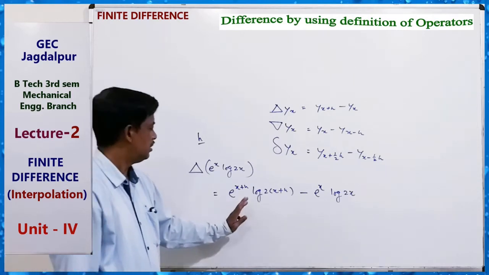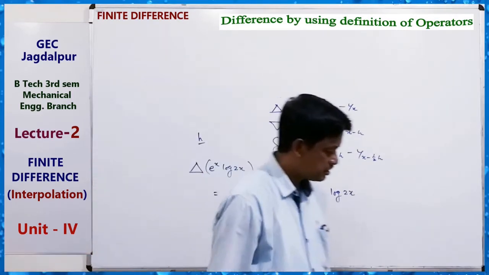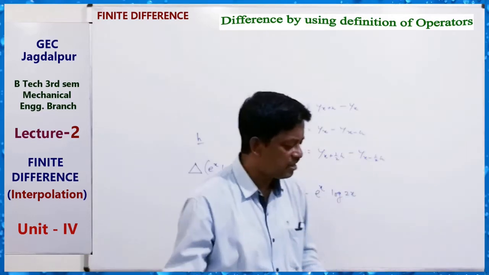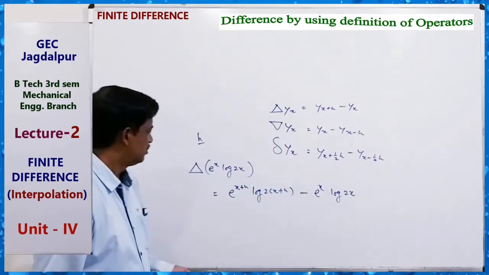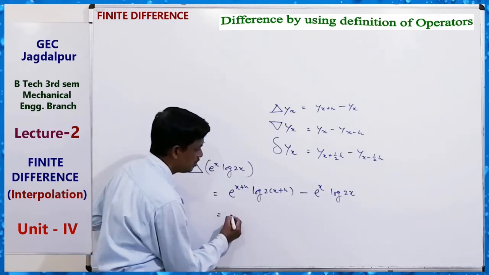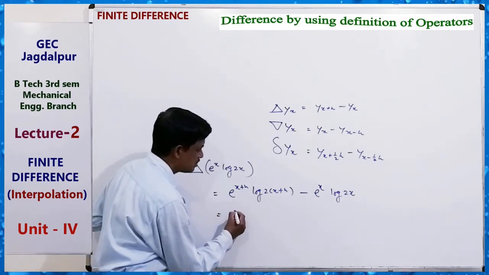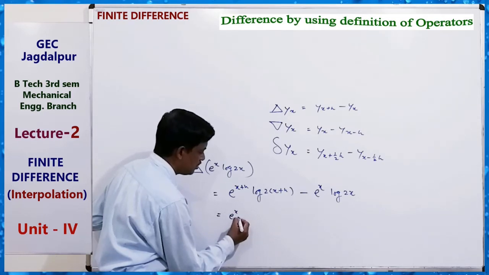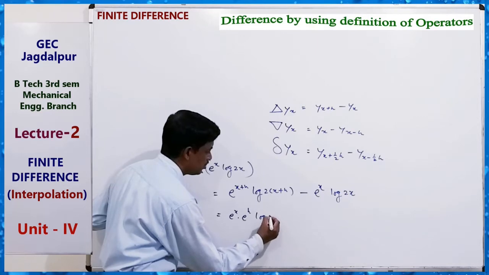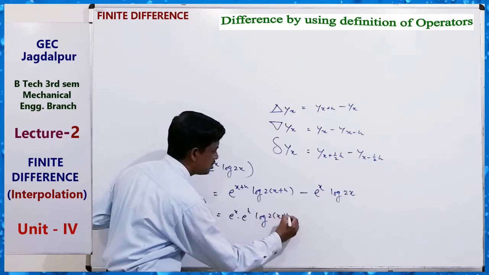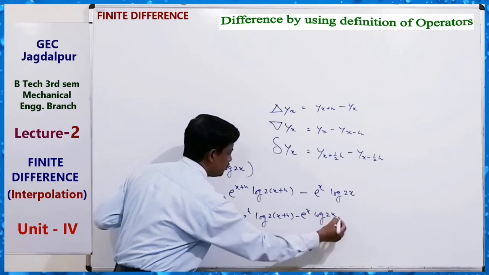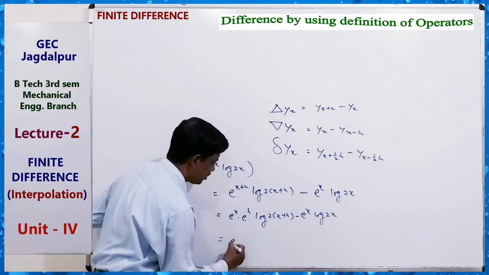Now it can be simplified and you can write the answer. How? e to the power x into e to the power h log (2x+h) minus e to the power x log 2x.